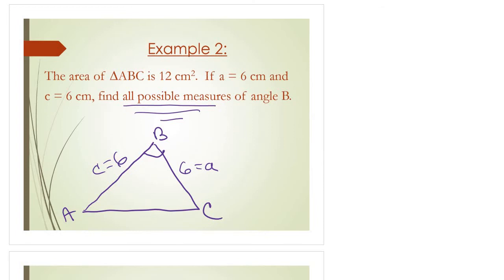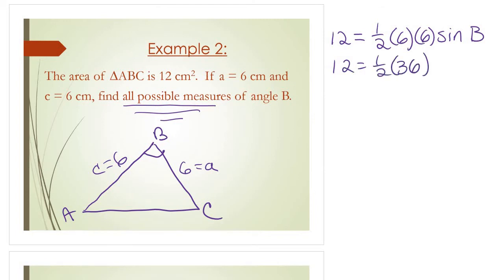So we are going to do the area equals 1/2 the two sides, and we want the sine of the angle in between them, which is what we're solving for. So we get 12 equals 1/2 times 36 sine B. Do a little algebra.